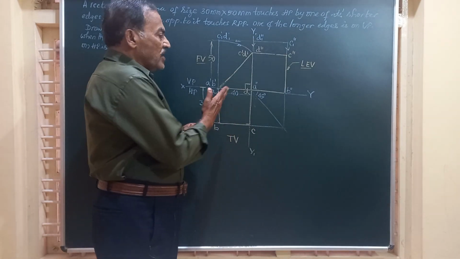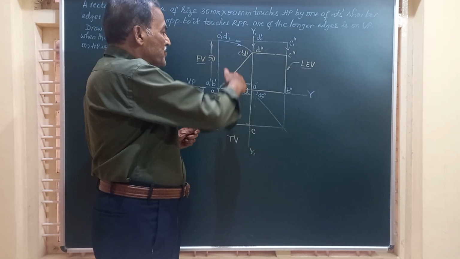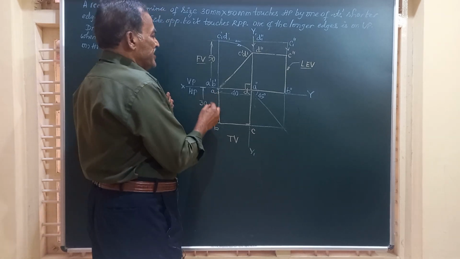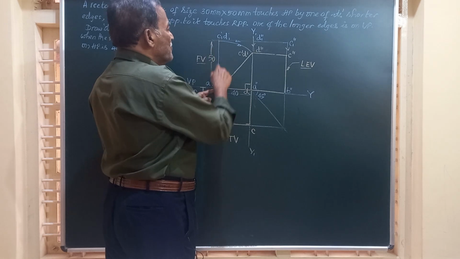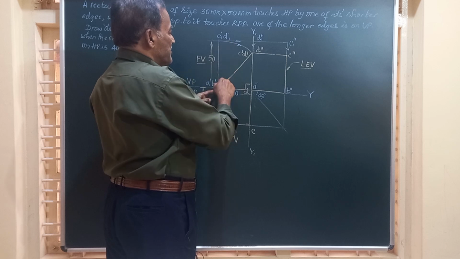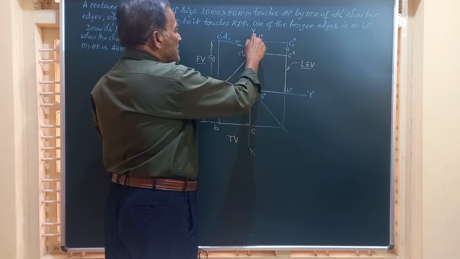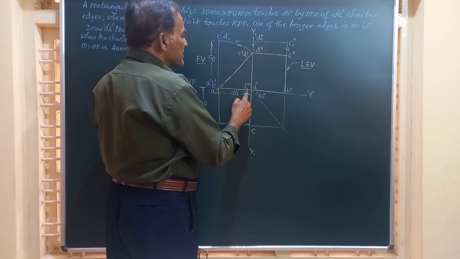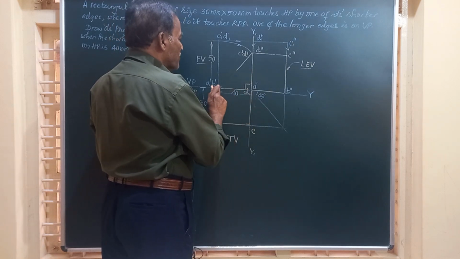Now, one of the longer edges is touching the wall. So, in the top view, it is going to be on this line XY. Now, what I do, friends, I take the center A dash, B dash, and radius equal to 50 mm, the height of this rectangle or longer edge, and draw an arc to cut the locus, that is the x1 y1 line, which is at a distance of 40 millimeter from the right profile plane.